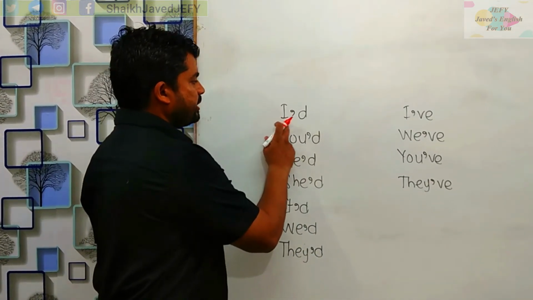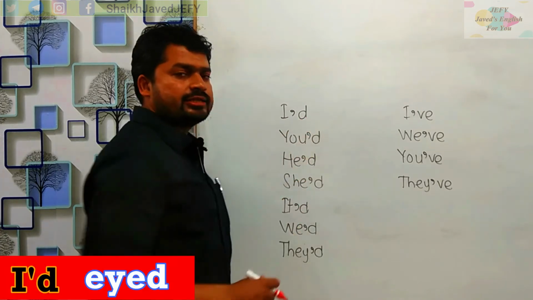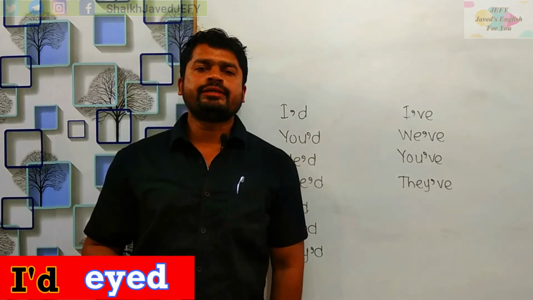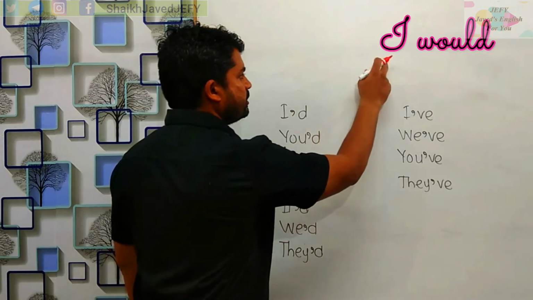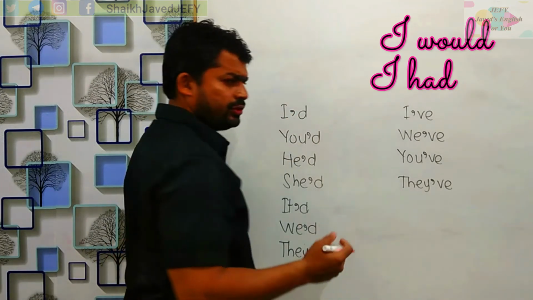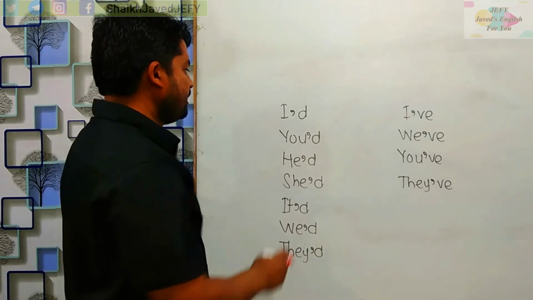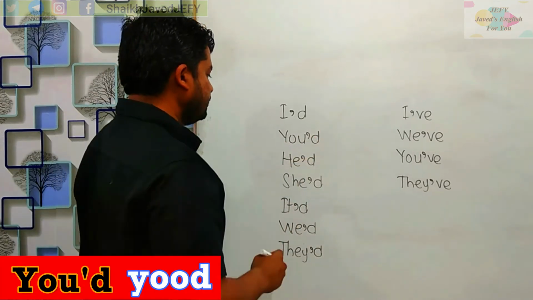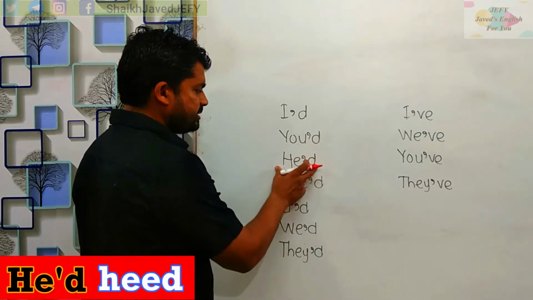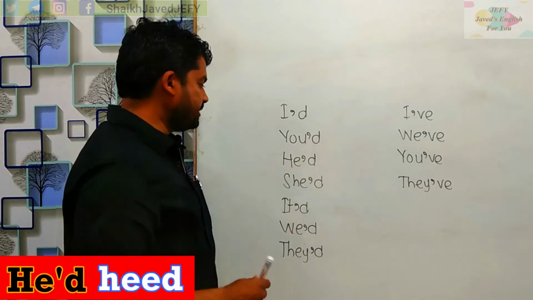This one is I apostrophe D, the I'd. How do you say I'd? Like that. It might be a contraction for I would or I had. We don't have to see that now. You'd, like that. He'd, like that.